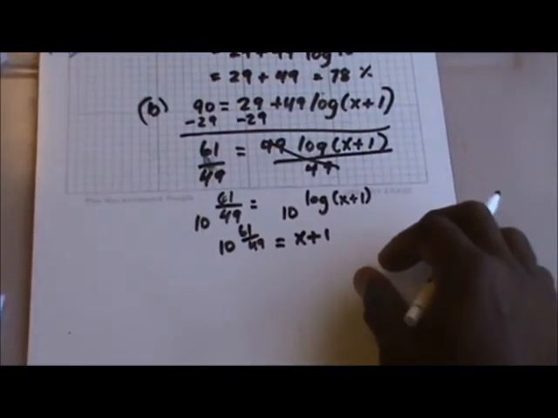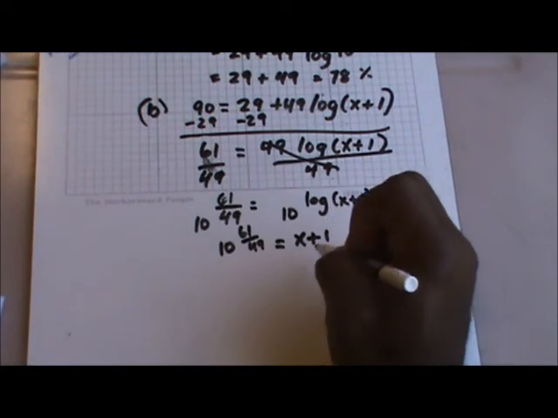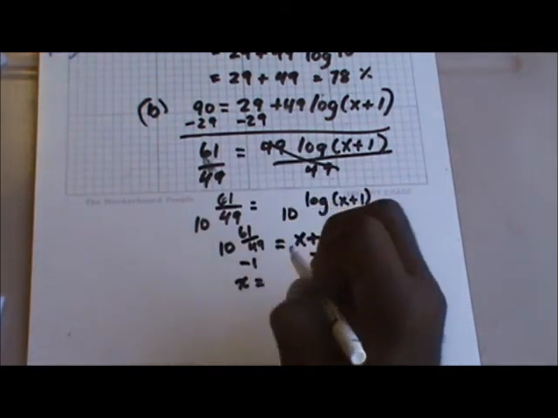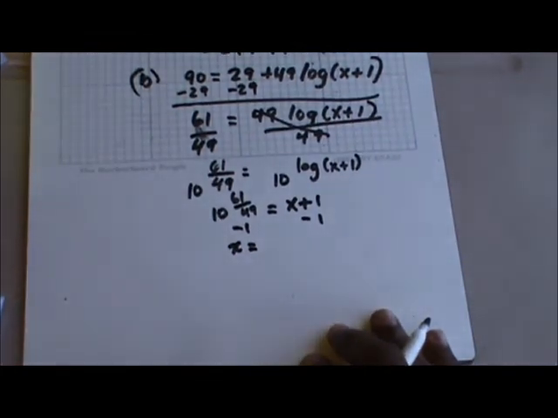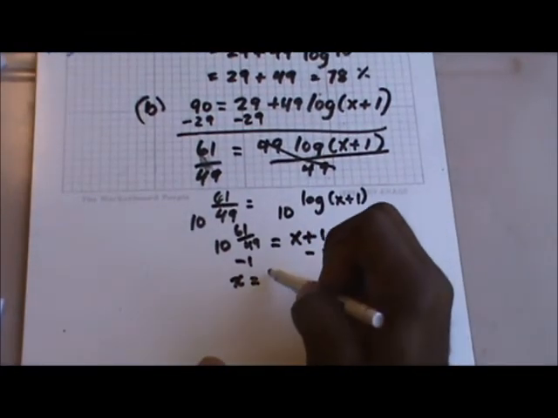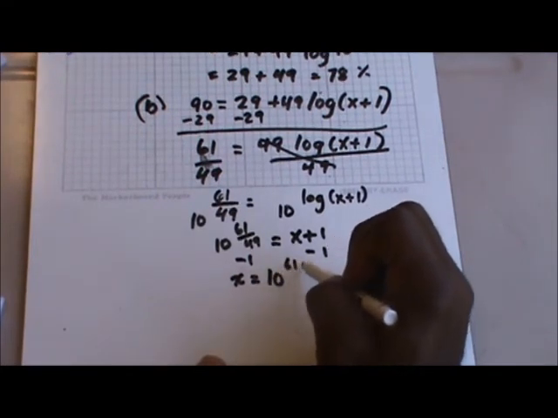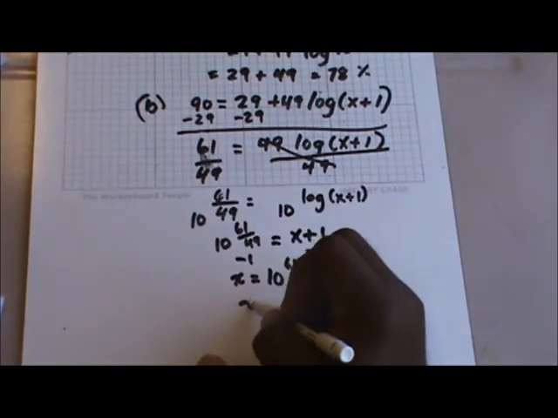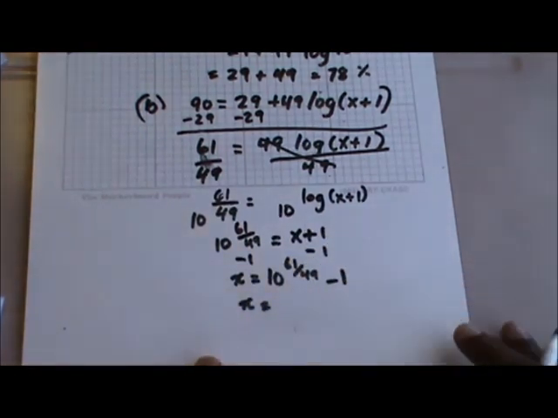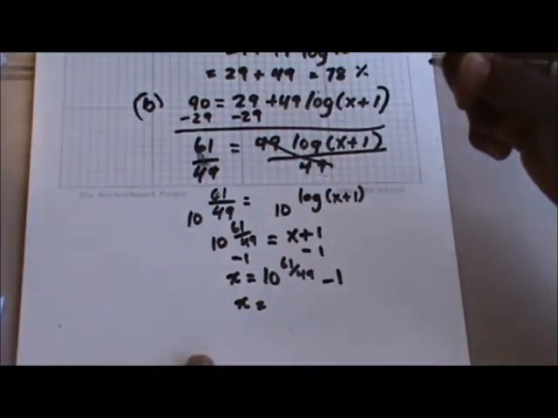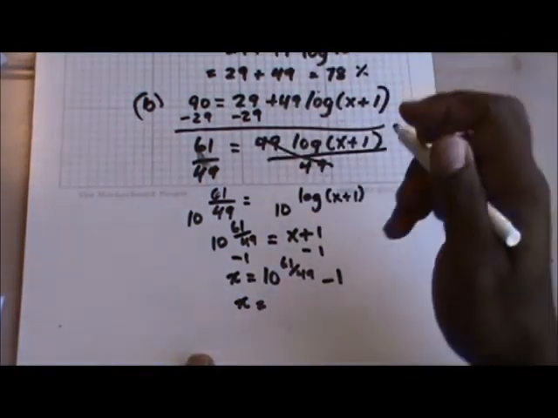From here we want to subtract 1 from both sides. So x is going to be equal to 10 to the 61 over 49 minus 1. Honestly, I don't know how you would do this without a calculator, unless they're saying that A is the non-calculator problem. Yes, that's what they're saying.